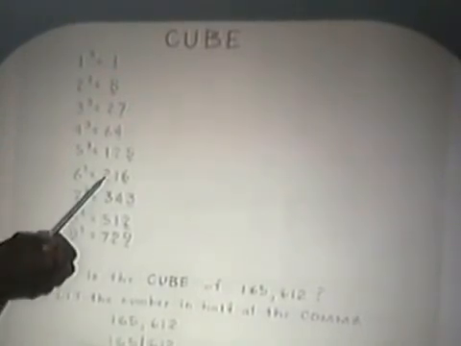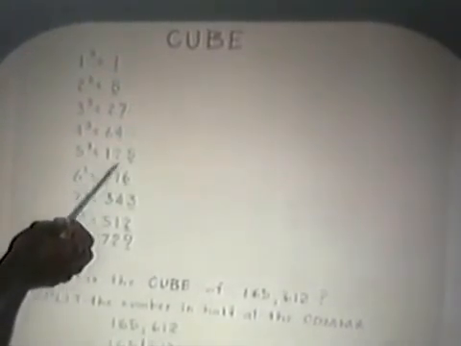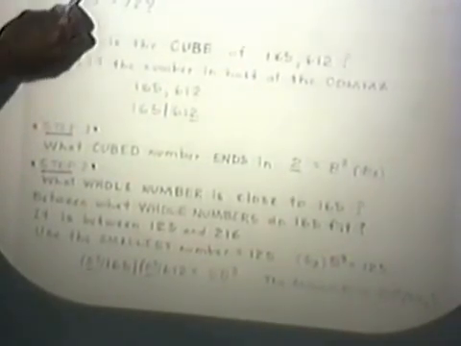So you say it's between 216 and 125. This 165 fits. Use the smallest number. So you wouldn't pick the 216, you pick the lowest number, which would be 125. That gives you 5.